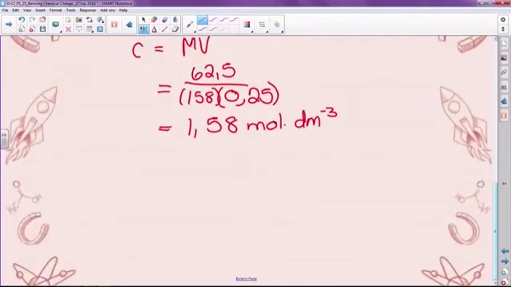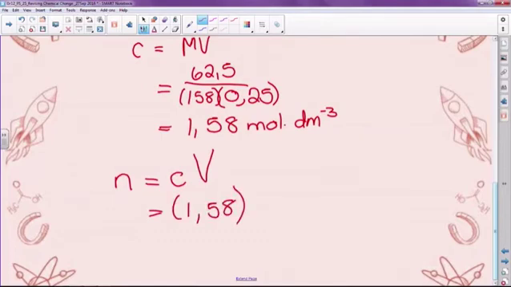Why is this important? Because I took that solution and I took 10 centimeters cubed of it. I added another 15 centimeters cubed of water to dilute it. But because I only took a small portion of it, I need to know how many moles of that solution I had. So the number of moles that I'm working with is concentration times volume. That concentration is 1,58.